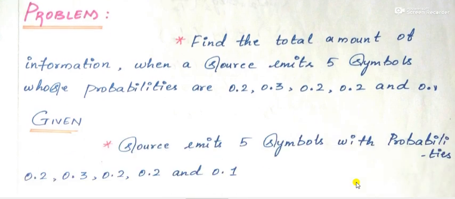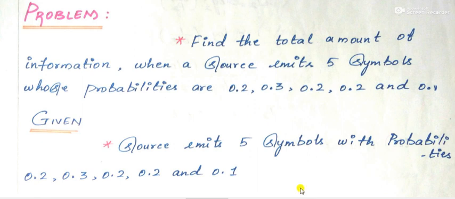This is problem number 1. Find the total amount of information when a source emits 5 symbols whose probabilities are 0.2, 0.3, 0.2, 0.2 and 0.1. Here our objective is to find the total amount of information.